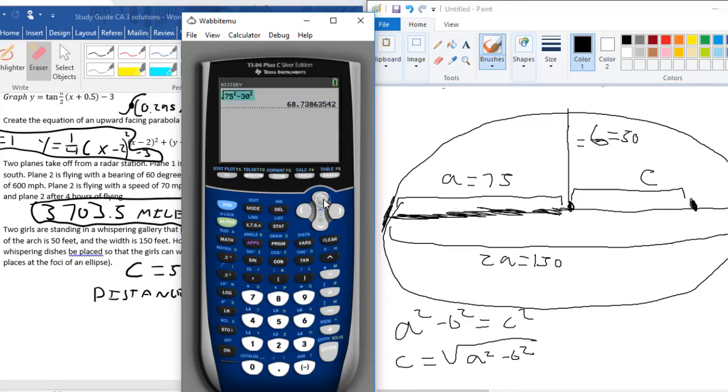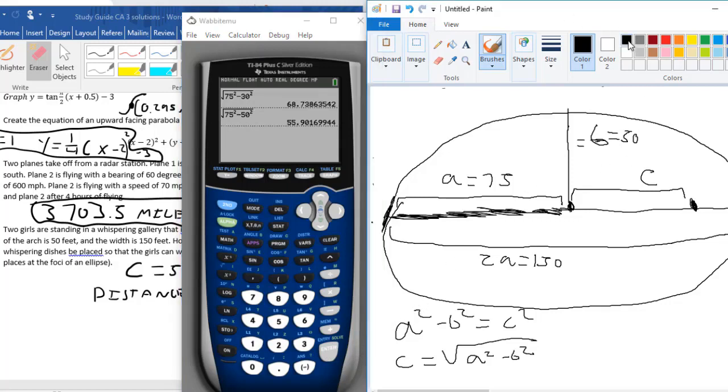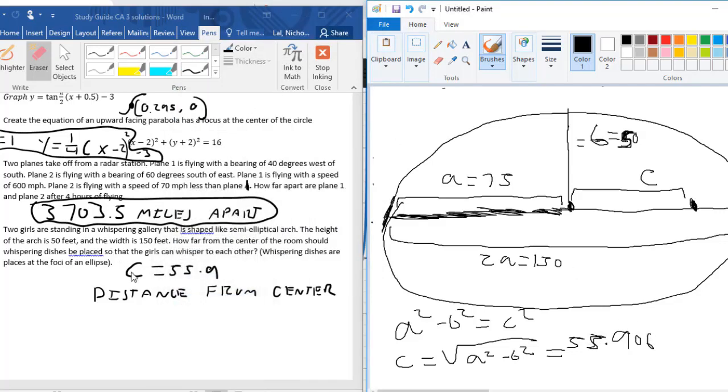So let me just recopy that, so just replace that 30 with a 50. So C is equal to 55.906. Let's make sure I indicate that B is 50, not 30. And that's the focal length, 55.9, the distance from our center.